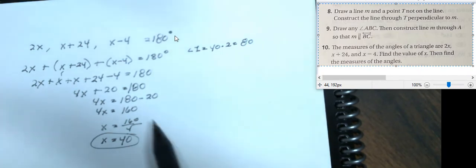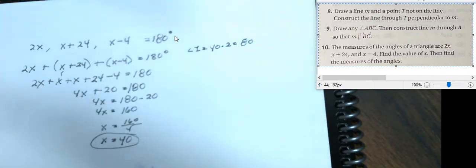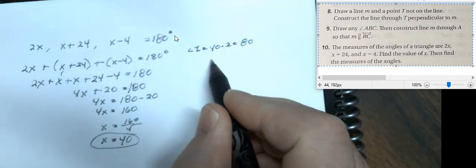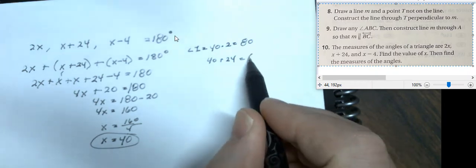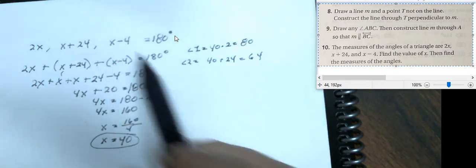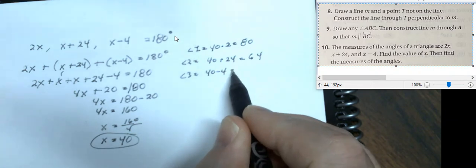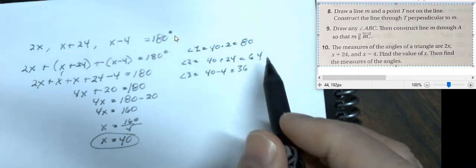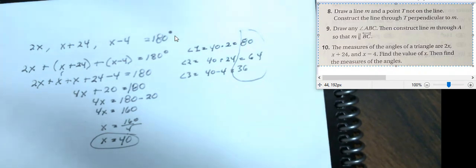Then we're going to take the second one, which would be 40 plus 24, so we could say 40 plus 24 equals 64. That's going to be our angle 2. And then we're going to take 40 minus 4 equals 36. So these are the values of our 3 angles based upon the value of x that we found.